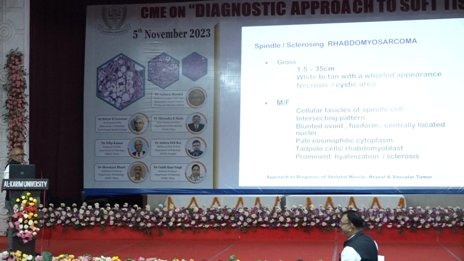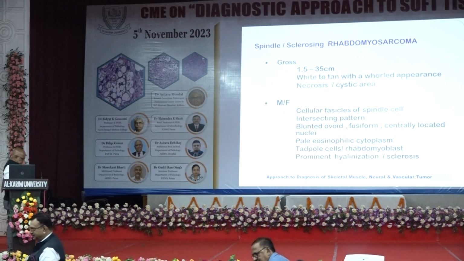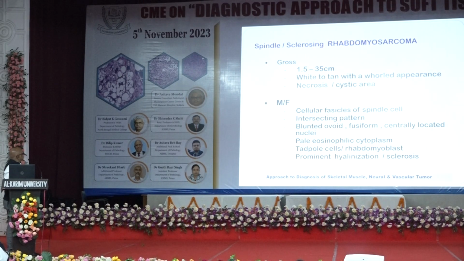If you are seeing a spindle cell neoplasm and you see cellular fascicles of spindle cells with intersecting pattern, you can think of this tumor, spindle cell sclerosing rhabdomyosarcoma, with blunted ovoid fusiform nuclei, pale snowflake cytoplasm, tadpole cells, and prominent hyalinization or sclerosis.